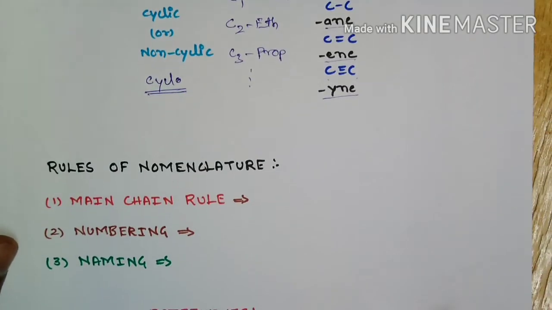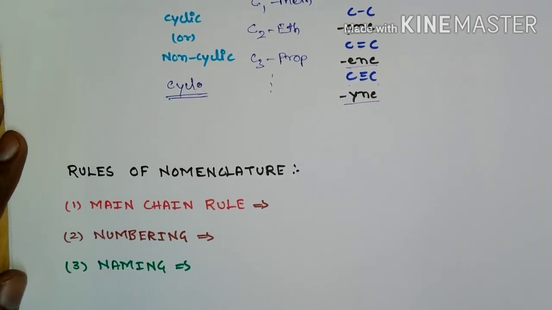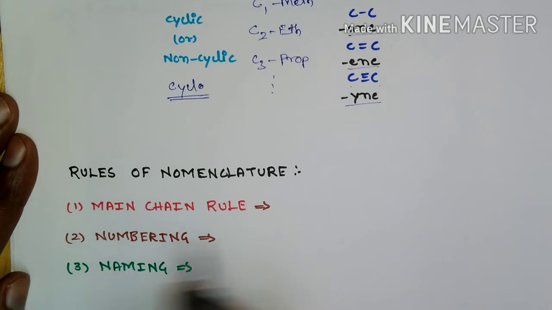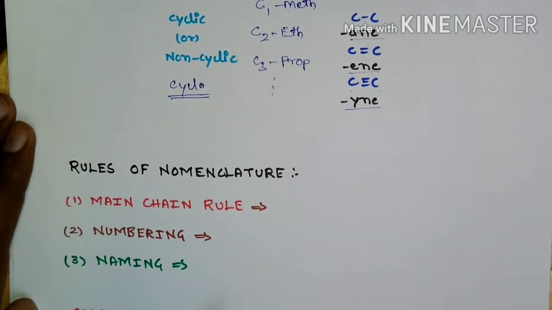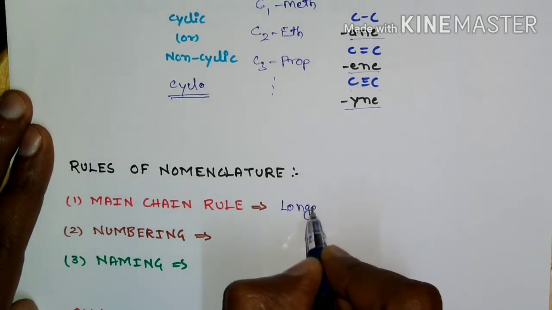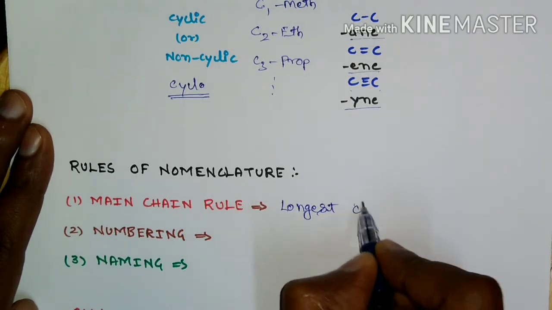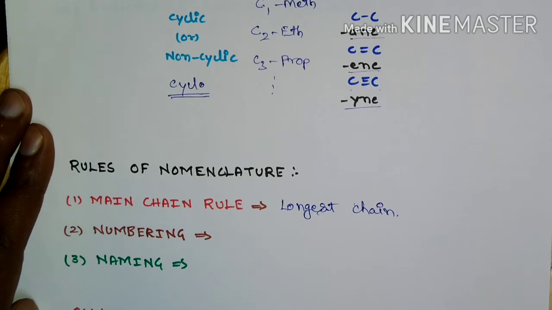As we know, there are rules for the nomenclature. The most important is the main chain rule, which tells us to choose the longest possible carbon chain.